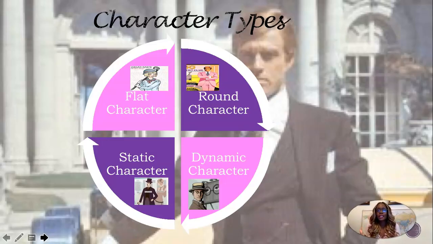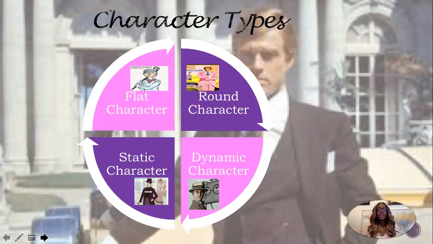I'd like to say that Gatsby is, but I don't know how much he's really changed. He's round. I don't know if I'm convinced that he's dynamic, but Nick definitely starts off a certain way, and then he learns so much from being the narrator, right? Because he's on the outside. He gets to see everybody, and he learns the most from Gatsby, and he realizes, wow, this is not what I want. And I think he ends up at the end leaving and doing something else.